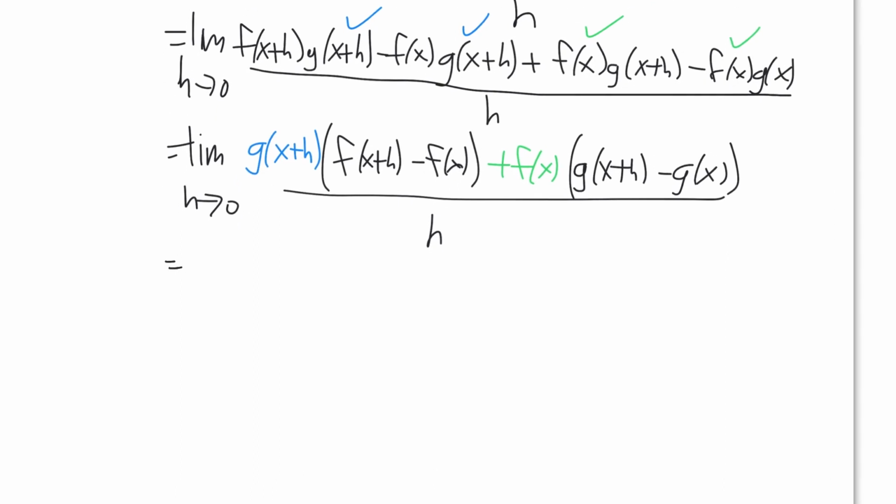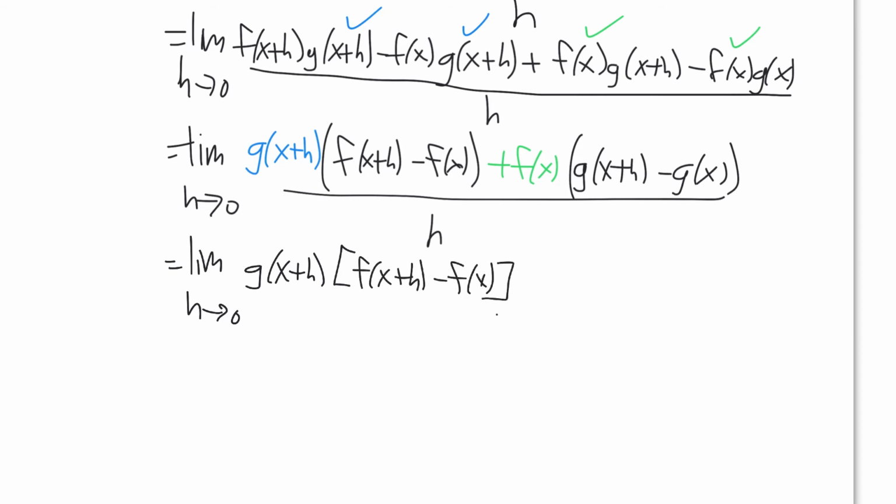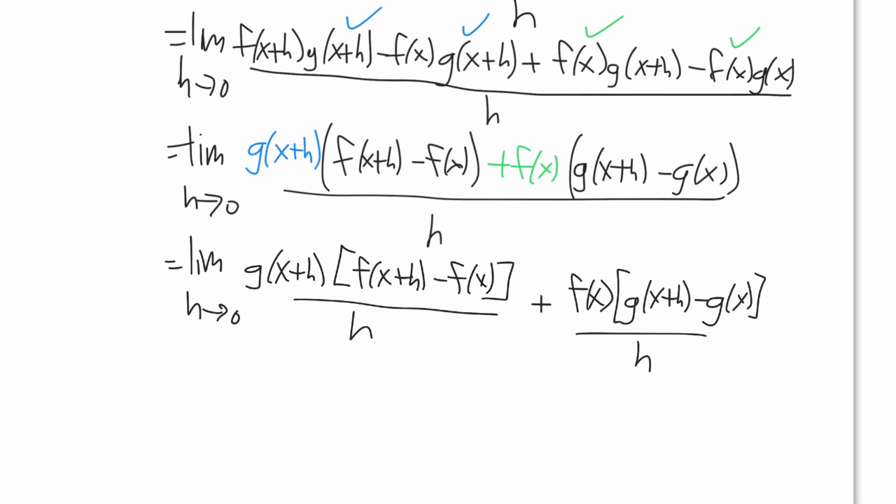So that'll give the limit as h approaches 0 of g(x + h), and then maybe I'll use square brackets here just to help distinguish the terms, f(x + h) minus f(x) over h, plus f(x) times g(x + h) minus g(x) over h. And really I should throw some even bigger square brackets because it's all being limited. Now remember, the limit of a sum is the sum of the limits, and the limit of a product is the product of the limits.